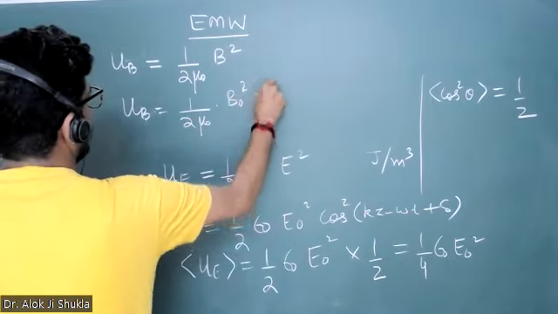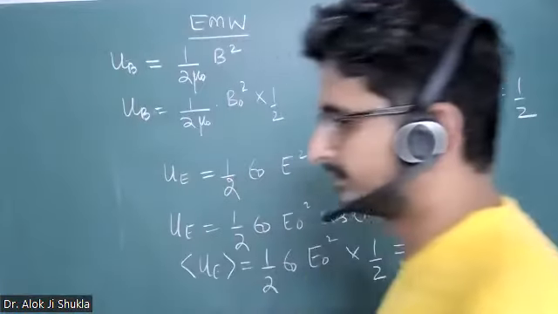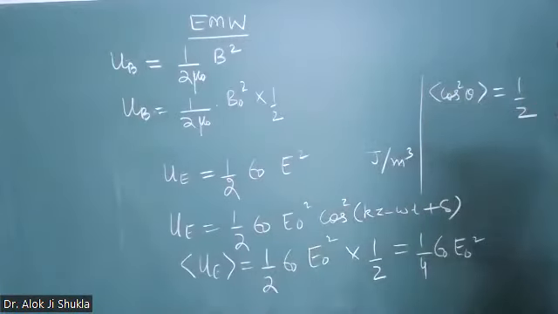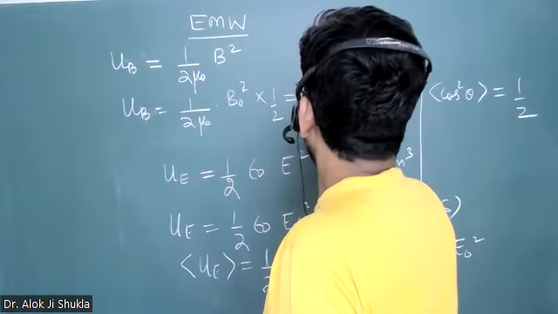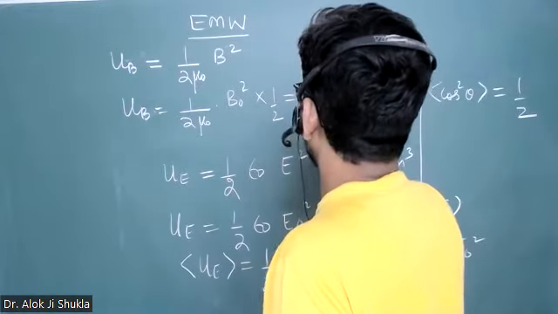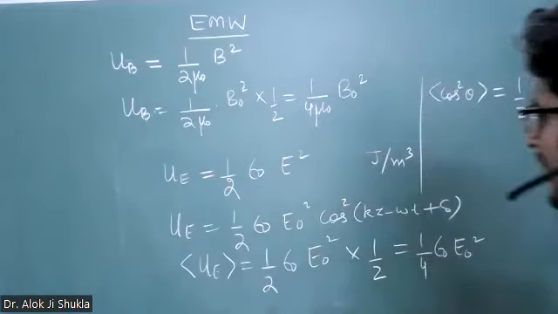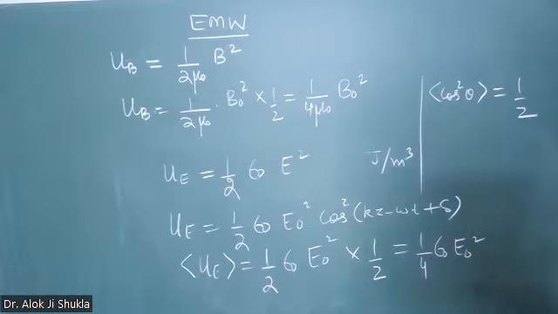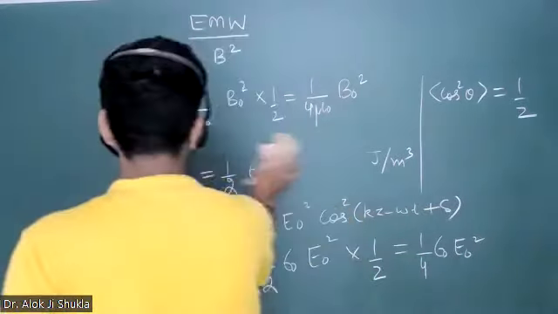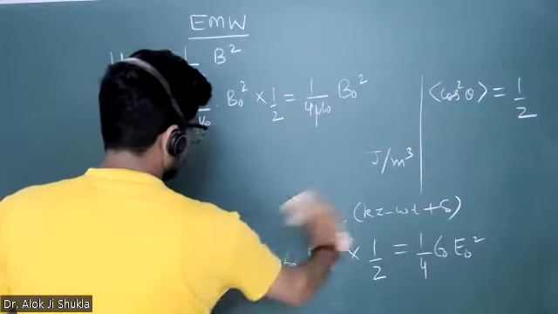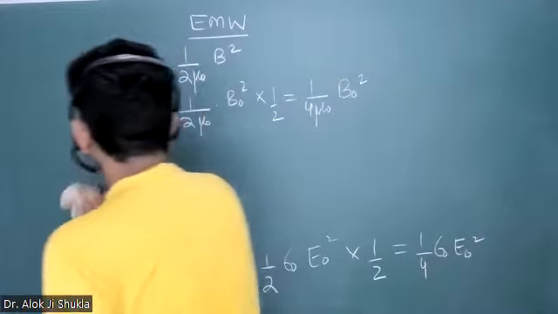B naught squared into the average, half. Correct? So this will be equal to 1 by 4 mu naught times B naught squared. Did everyone understand up to here? Yes or no? It is very simple maths.